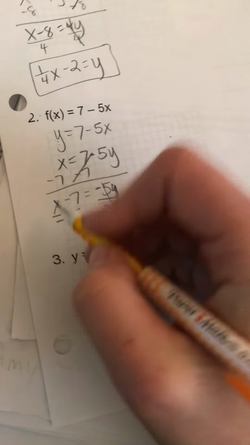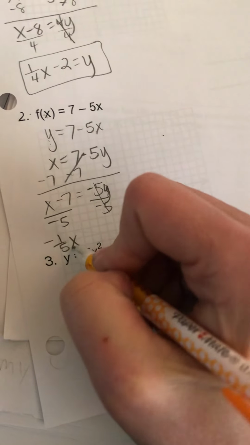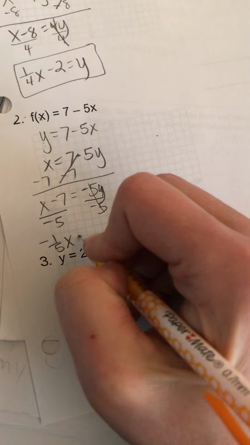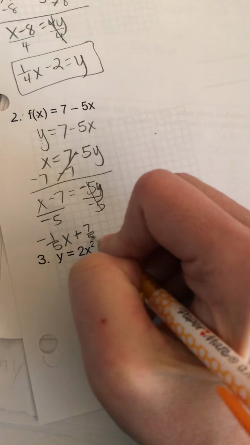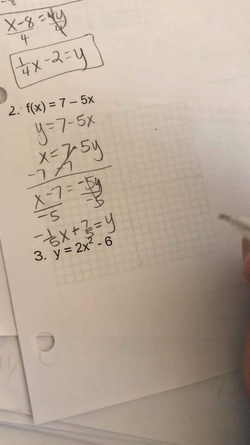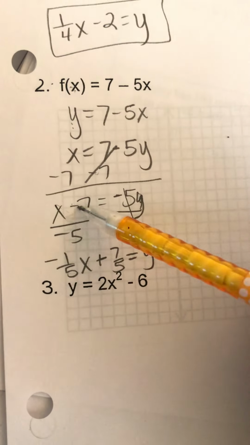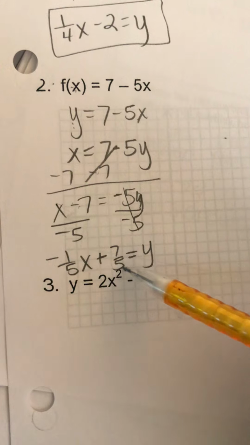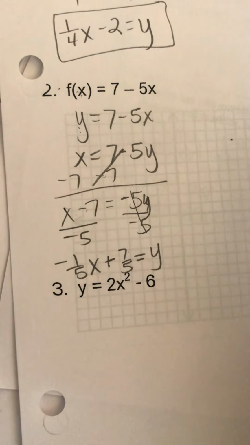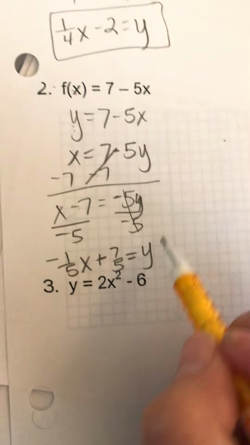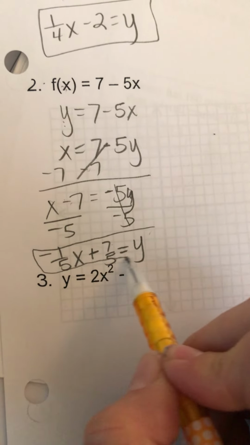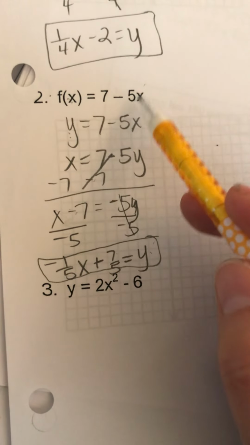So those cancel out, and you get negative 1/5 x plus 7/5 equals y. Okay? So negative 7 over negative 5 gives you positive 7/5. So this equation right here is your answer. That is the inverse of the equation up here.